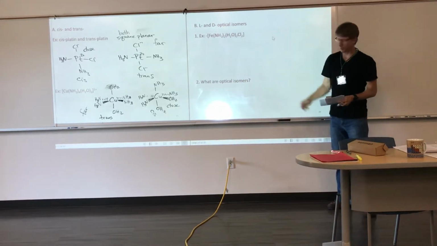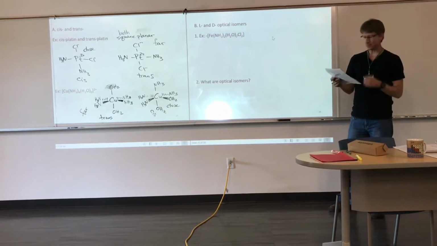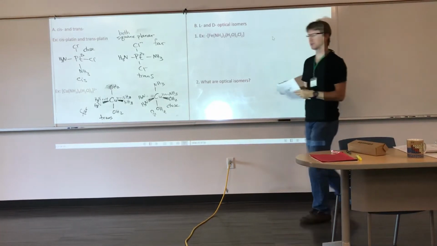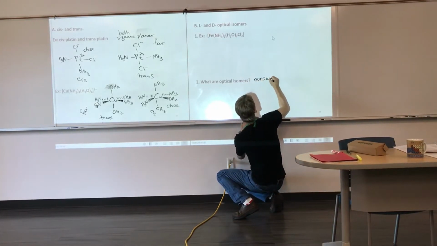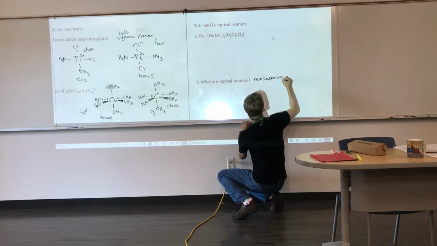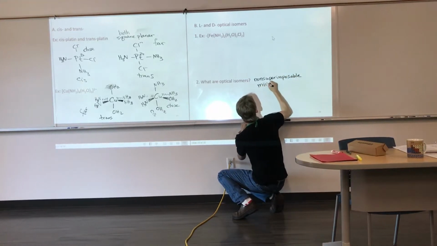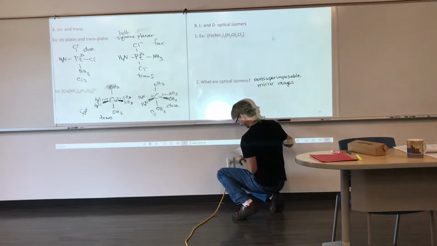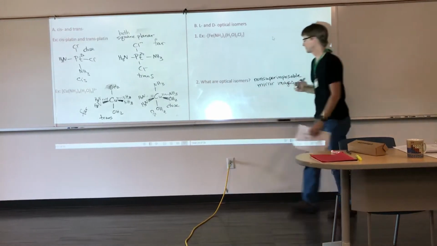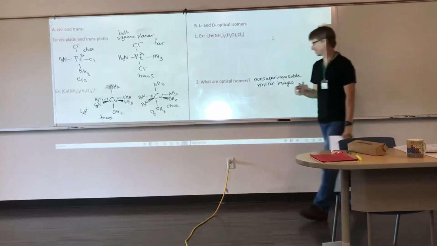Before I draw some optical isomers, I'm going to tell you what optical isomers are. Optical isomers are non-superimposable mirror images that rotate the plane of polarized light in different directions.